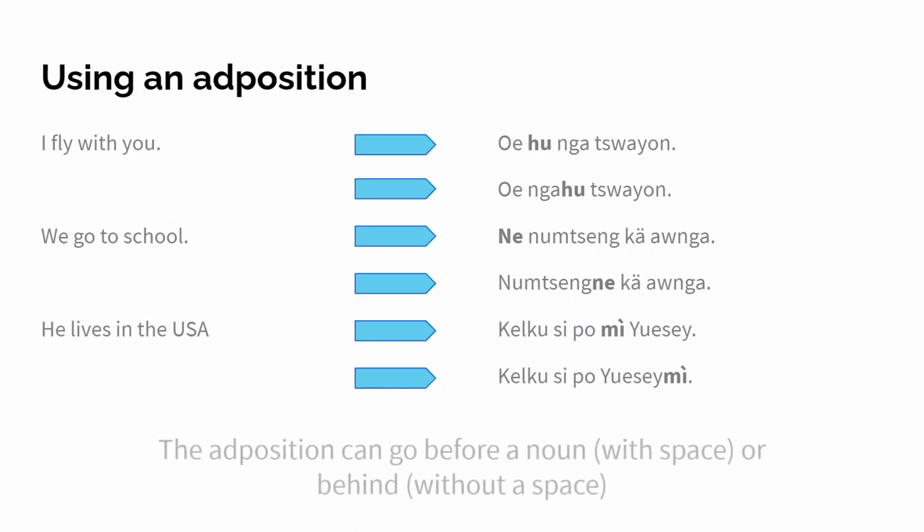So what we see is the adposition can go before a noun with a space. You see hu nga, ne nomtseng, and me USA. All 3 have 2 separate words. Or it can go behind, but then without a space. So then it becomes part of the word. We see this with nga hu, nomtseng ne, and USA me. They are all 3 single words instead of 2.